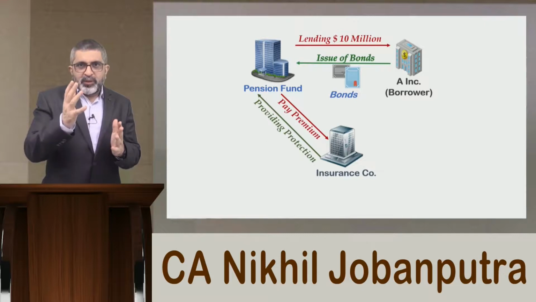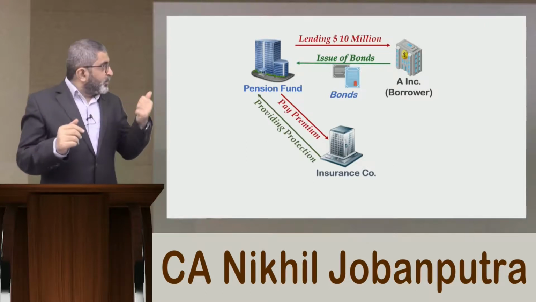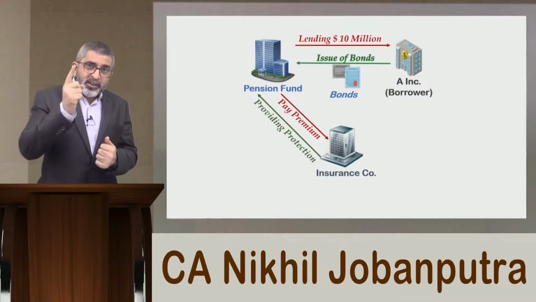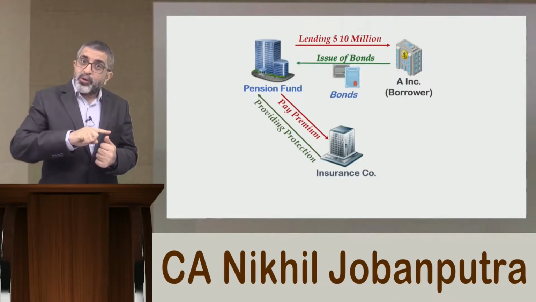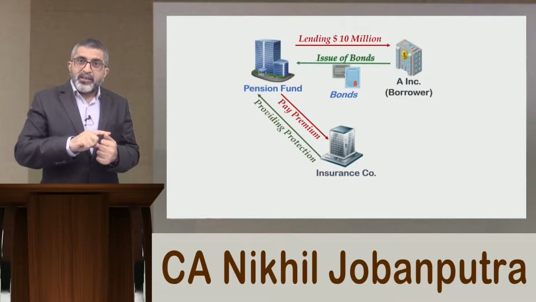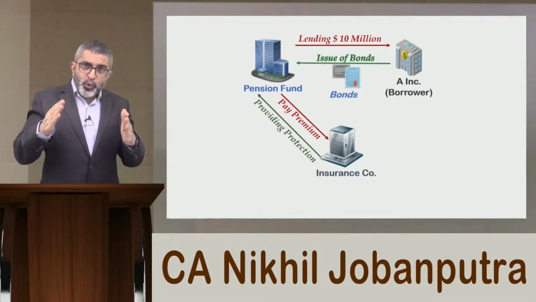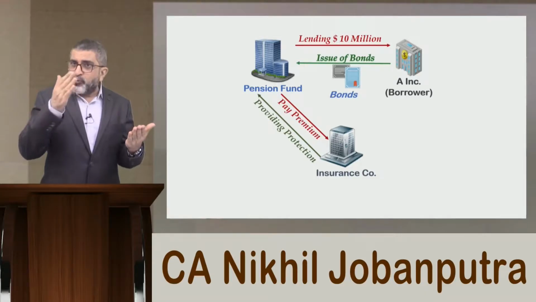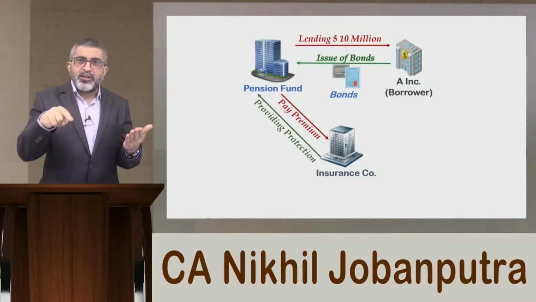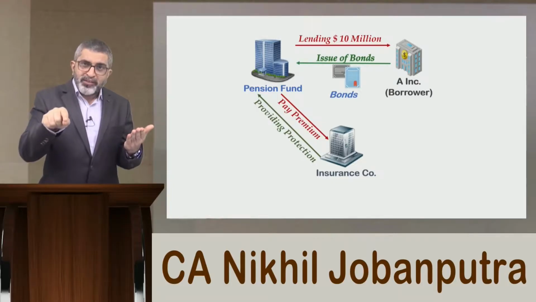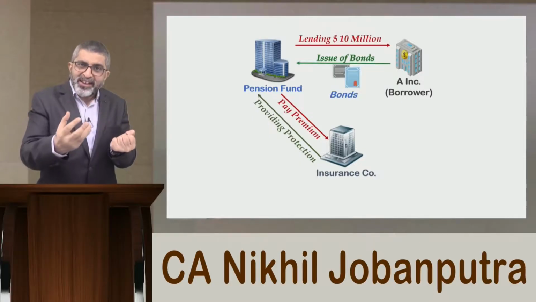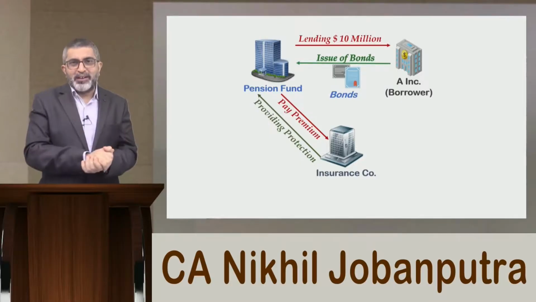Initially the arrangement was done this way: A Incorporation pays 9% coupon payments to the pension fund, and 9% is split into two parts, 1.5% and 7.5%. That 1.5% is passed on as premium to the insurance company, and 7.5% net remains as income on that investment or lending by the pension fund.